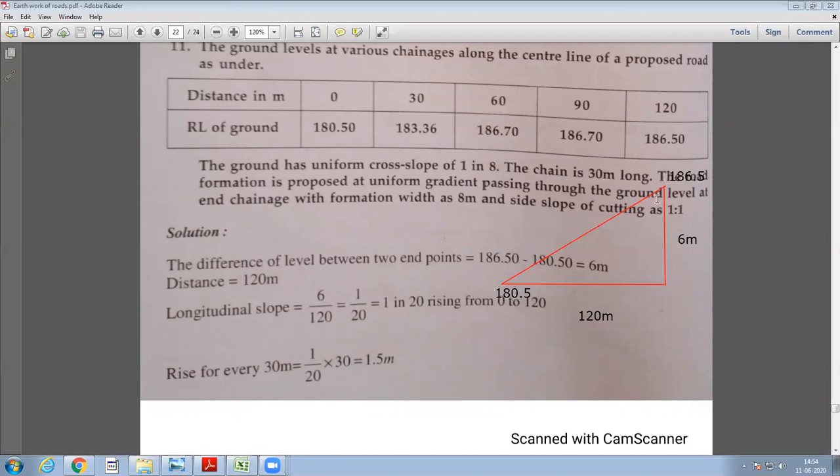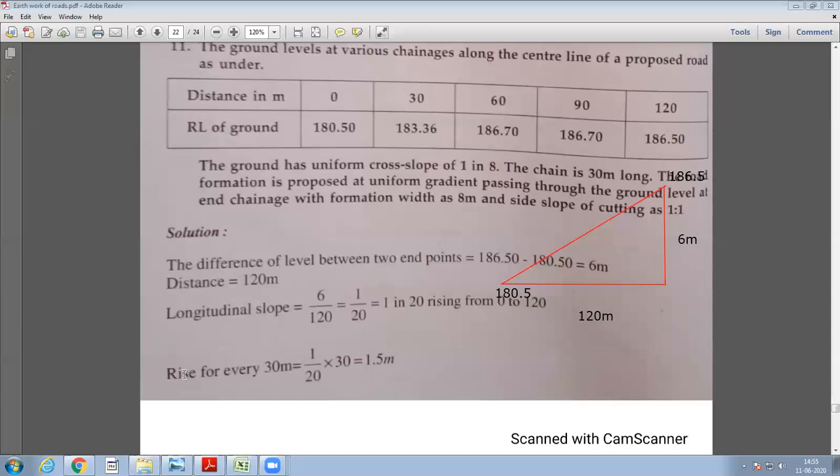So to get the slope, you can work out like this. 6 divided by 120, you will get 1 in 20. If you have a fraction like this, you have to get the ratio like this. You should not simplify further with the decimals. So you can see that there is a rising gradient of 1 in 20 from 0 to 120 distance.